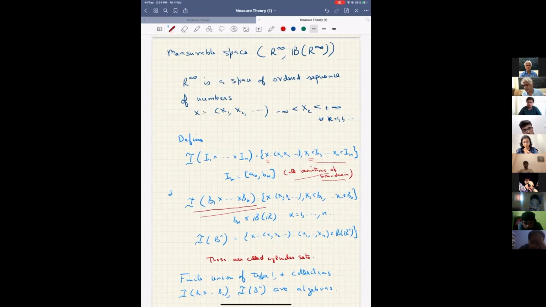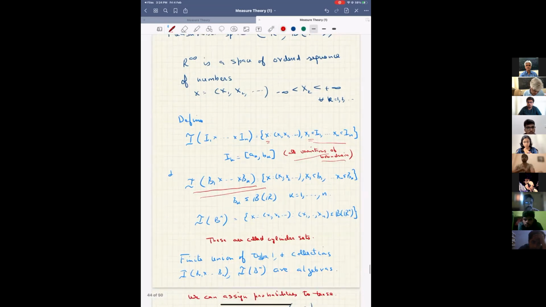So that's how I'm constraining the first n elements, and the remaining just lie in the real line. So I collect all these cylinder sets. So it's obviously a bigger class than the first class of cylinder sets. Or I can still do something more fancy. I can just look at all cylinder sets with the first n elements lying in a Borel set in Rn. That need not have this product form B1 cross B2 cross Bn.